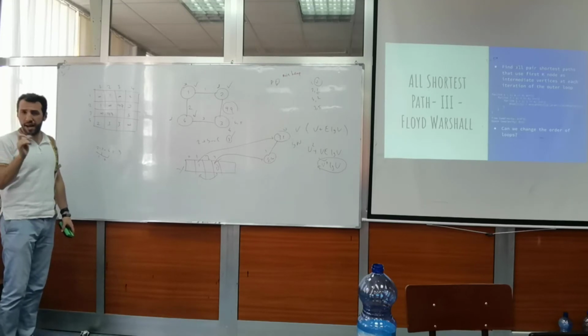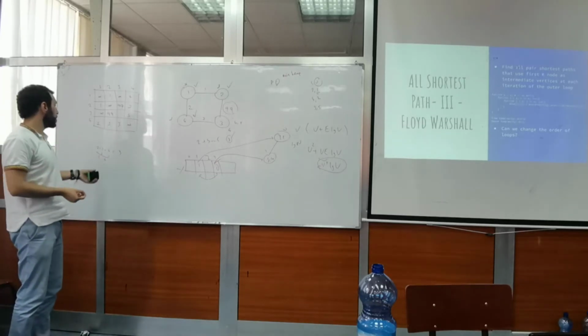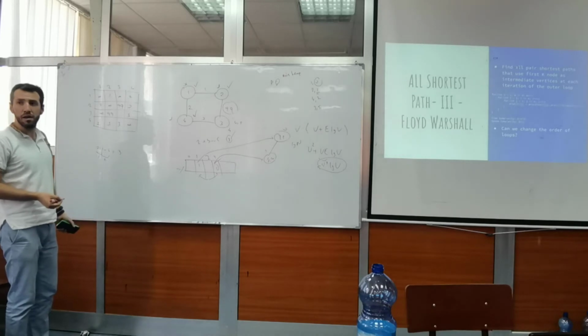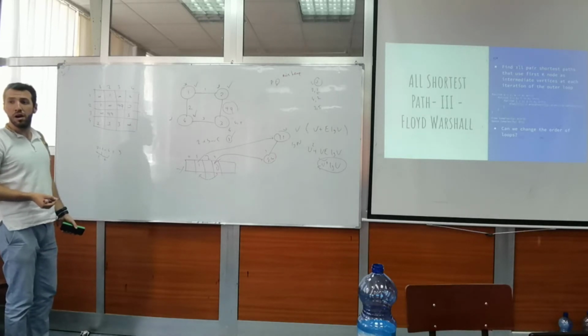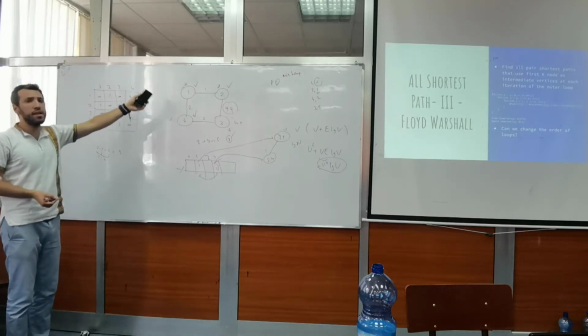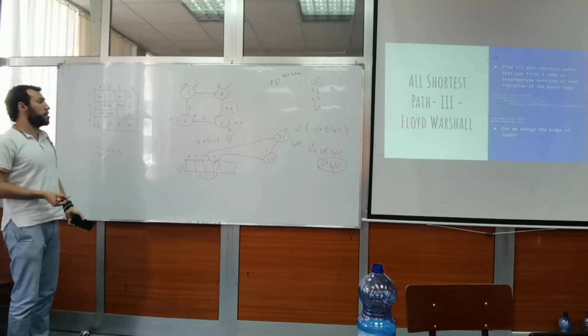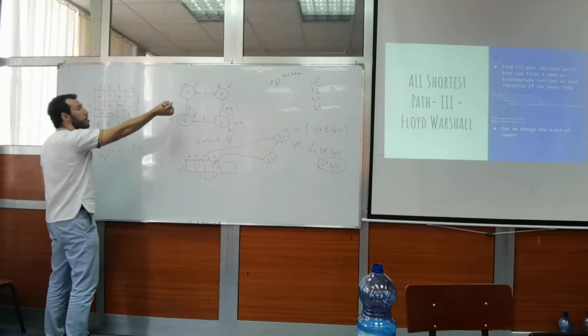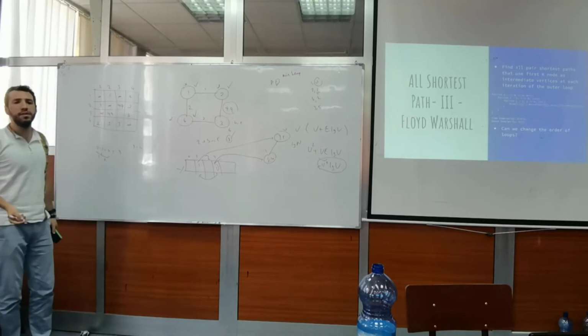Did you guys understand Murat's question? Let's actually consider that. Imagine there is no edge between 3 and 1, so let's add one more node, 5, just for the example. Okay, so there is no edge between 3 and 1. Now let's consider if we can update the distance between 3 and 4 by using 1 as an intermediate node.